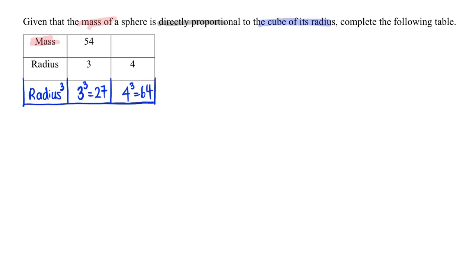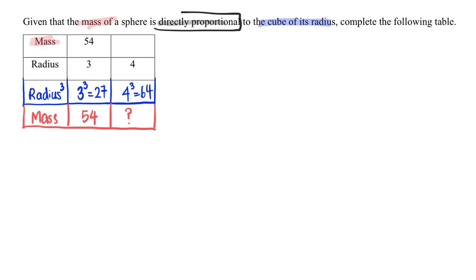So that when I compare with my mass, which is 54, how do I find this question mark? Because I know they are directly proportional, this is important info here. If I have this, I know that 27 times 2 is 54.